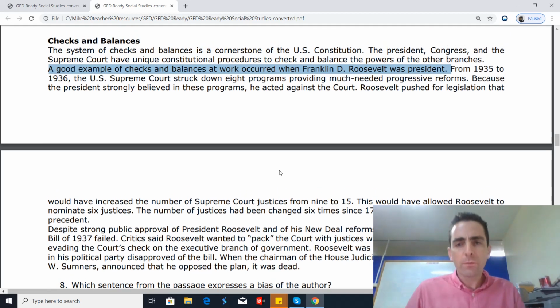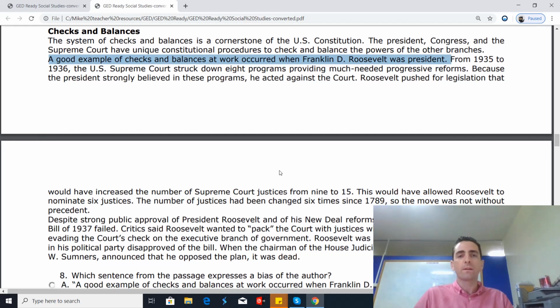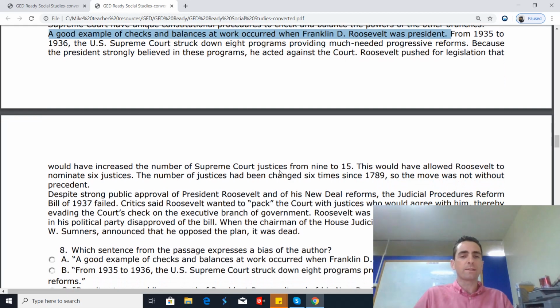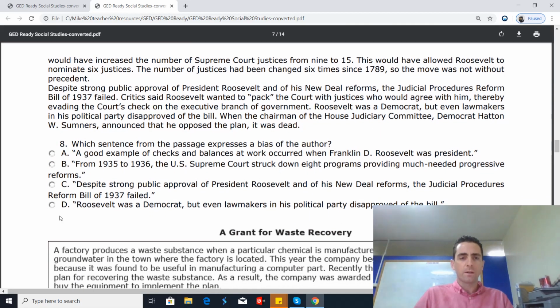Because the writer's picking out Roosevelt's presidency as a perfect example or a good example of checks and balances. That's definitely his opinion. I'm sure you could pick another president and find an equally good example of checks and balances in action.